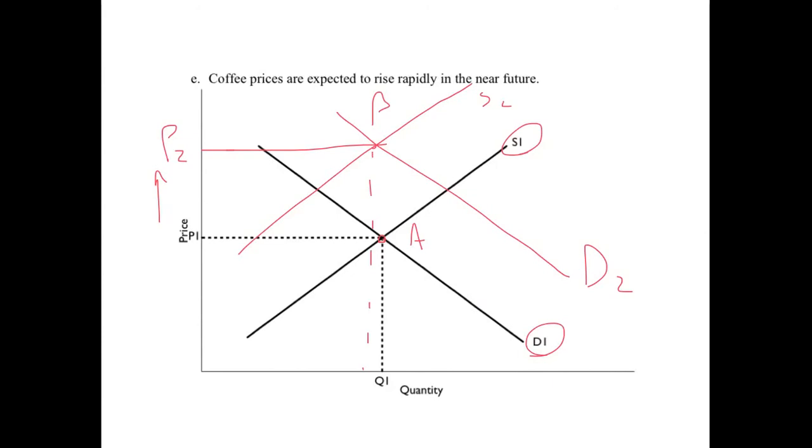So in this case, we know that the price of coffee rises. But quantity, we may say, well, we're unsure, it's indeterminate, it's ambiguous. We're not really sure what direction quantity will go. It depends on which side of the market is affected most, whether it's supply or demand.